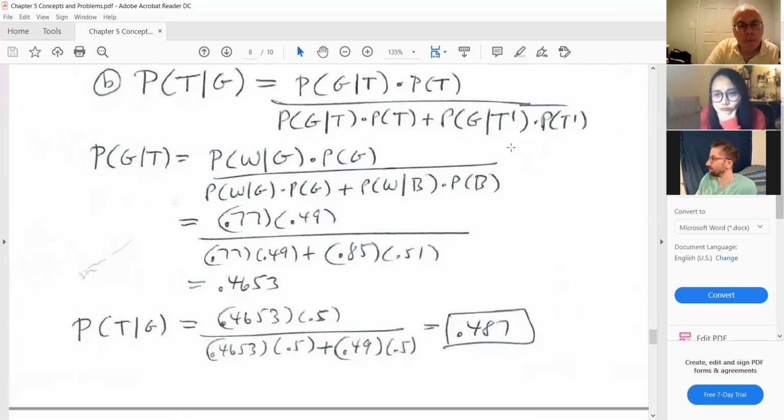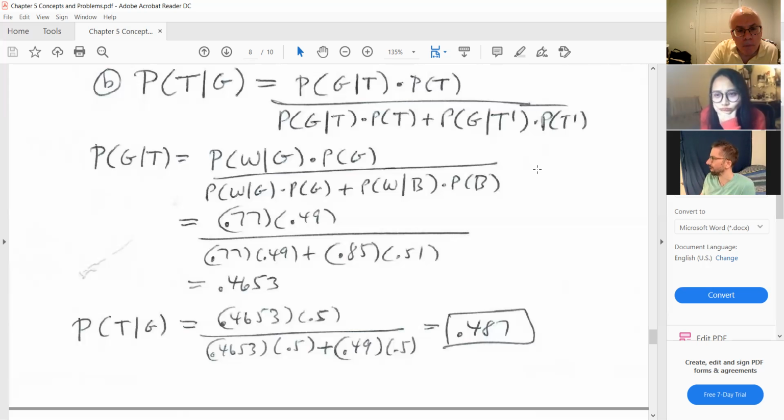Probability of A given B, and I set it up the same way that you did. Probability that they're in the treatment group given that they have a girl is the probability of A and B, which is the probability that they're in the treatment group, which is 0.5, times the probability of B, which is 0.77.